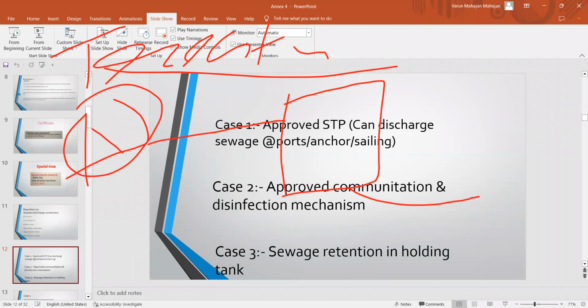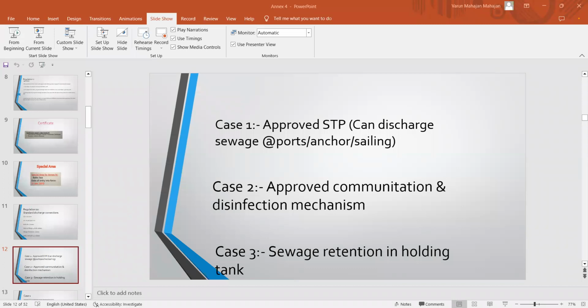We are going to see that when we do this. This system is clear now. Now you know what comminution and disinfection is, right? Everyone understood the system? Yes, sir.